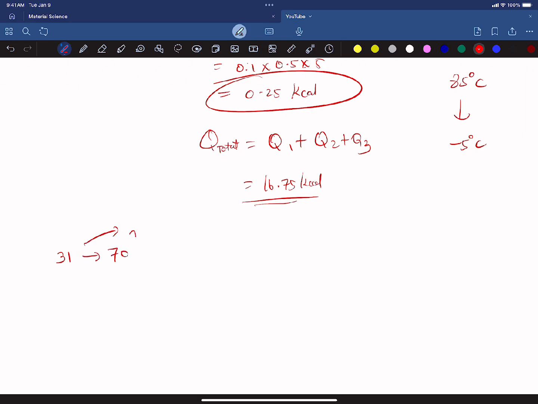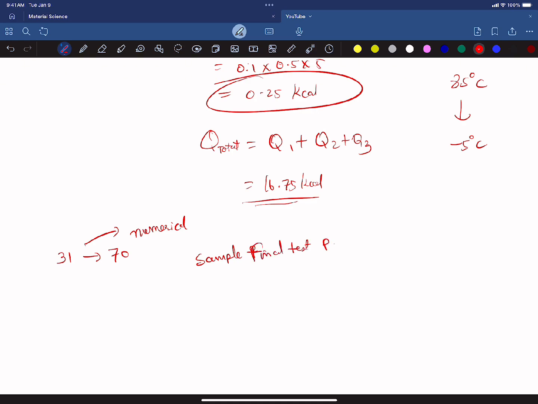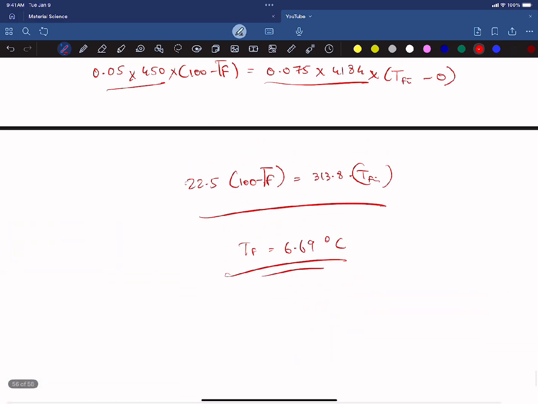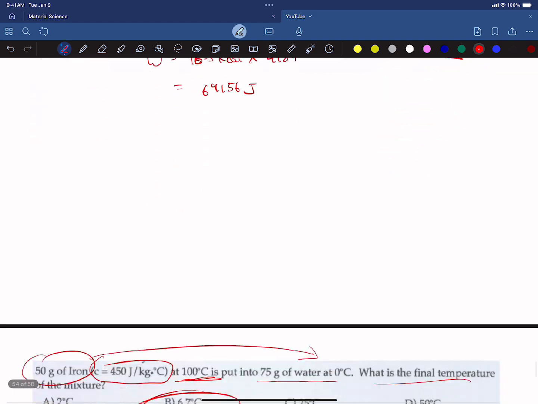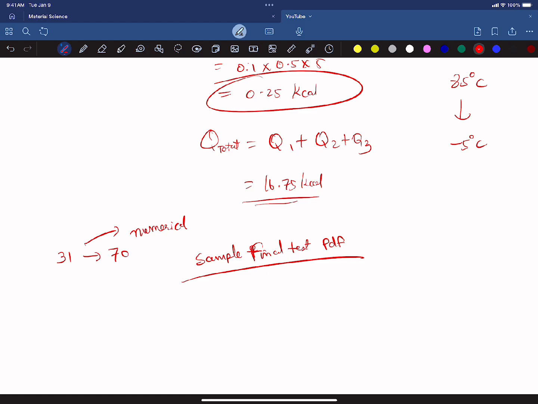All the numerical questions from the sample final test PDF are given with all the solutions and explanation, so you can correlate with the question paper. So yes, this is the sample final test PDF.